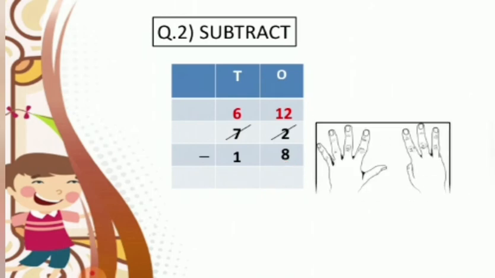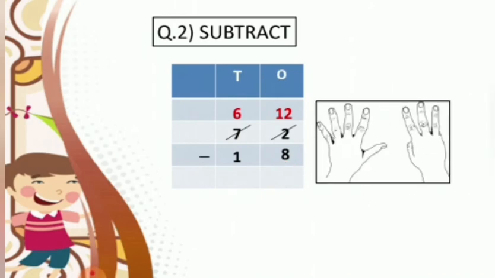So open your 8 fingers. We are going to do backward counting. So 12 minus 8 is, let us find out, 11, 10, 9, 8, 7, 6, 5, 4. So your answer is 4. Now let's move to the tens column. 6 minus 1.